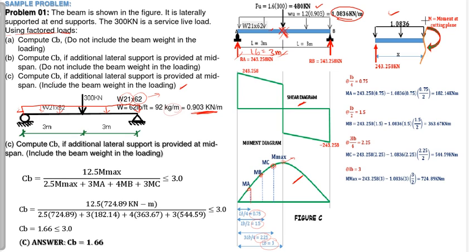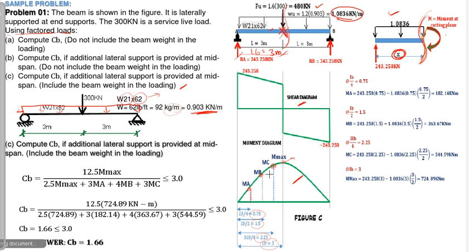So, pag nag-cut tayo dyan, any parts, dito, within our LB, pag nag-moment tayo dito, makukuha natin yung moment of MA, MB, MC, and Mmax. Okay? With the given X. Kasi alam natin na ang MA is within X equal to 0.75.